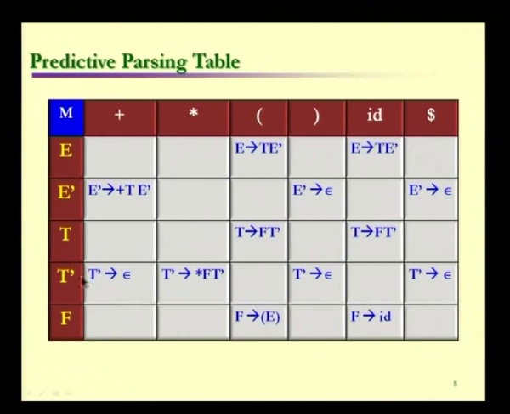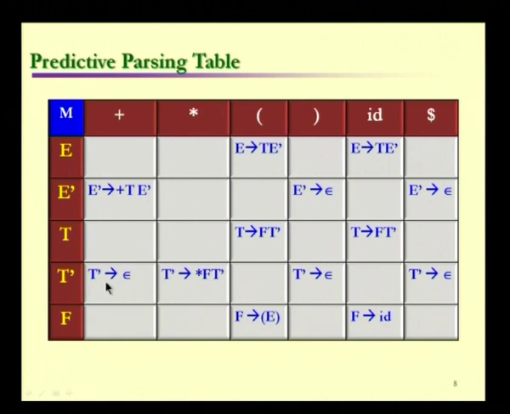So what we can do here is fill the entry T dash derives epsilon in T dash comma plus, the next one is T dash derives epsilon in closing bracket, and the last one is T dash derives epsilon in dollar. So we have three places where T dash derives epsilon has been filled.